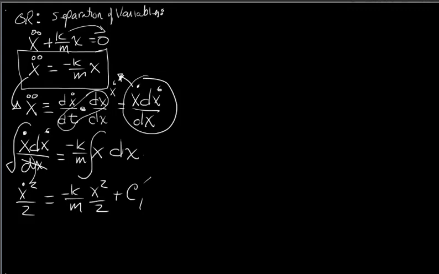And this we'll get from our boundary conditions. The boundary conditions, recall, were that at x equal to x max, x dot was 0 in our case. So this is 0, this becomes x max, and C1 is positive k on m x max squared on 2.